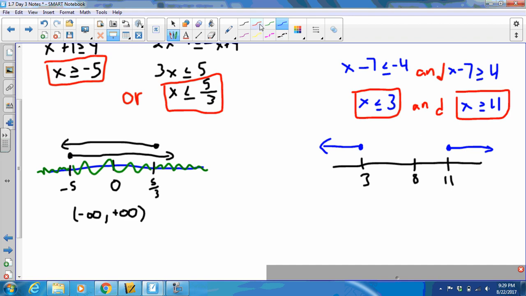So because we don't have any values that satisfy both of these conditions, our final answer is going to be no solution. And so when this happens, you are not able to draw anything on the number line. If you did, that would be incorrect. That's why we want to draw our arrows above first to see what our answer would be. So our final answer would be no solution.